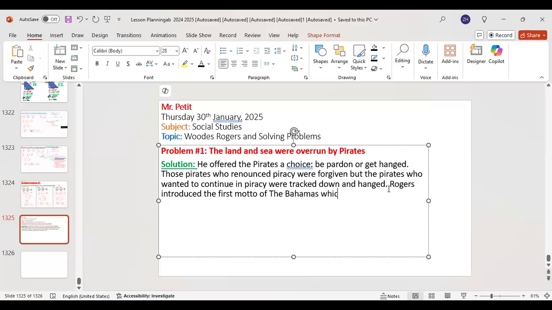Which was... It meant something about the economy or something like that. Close. The currency? Close though. The oath of allegiance? No. What was his motto? We have it right there.